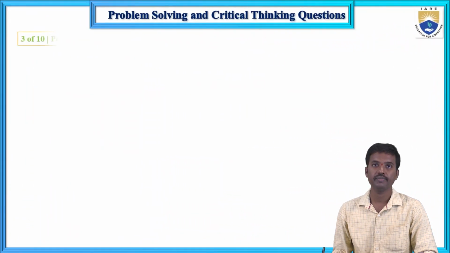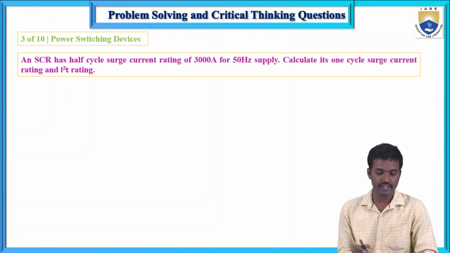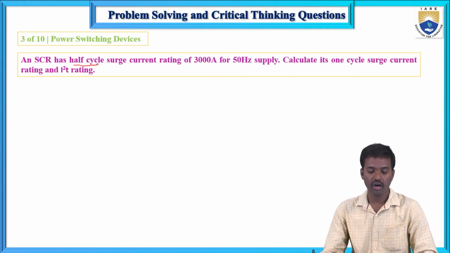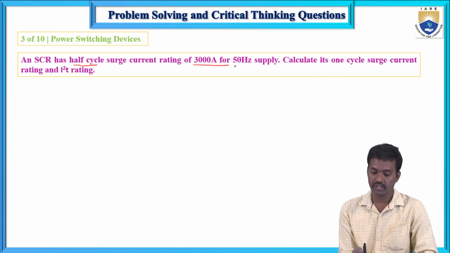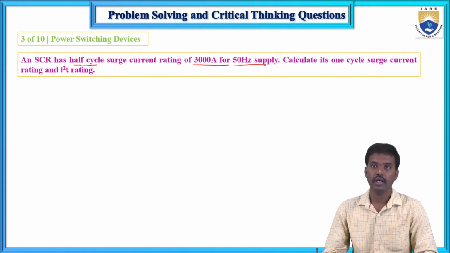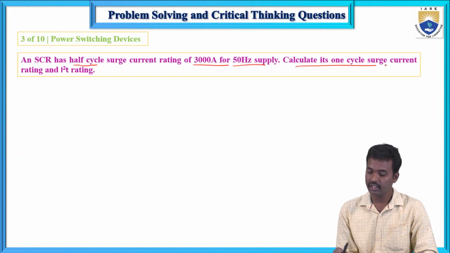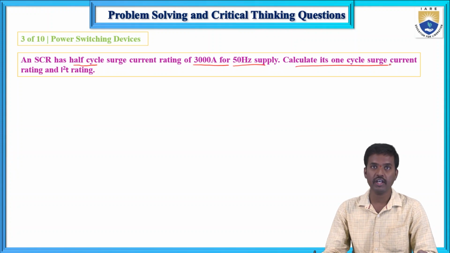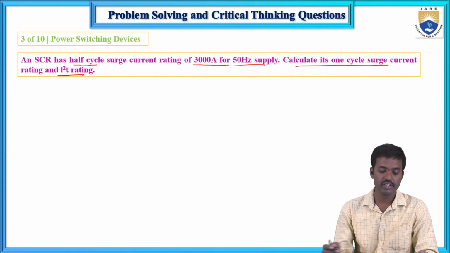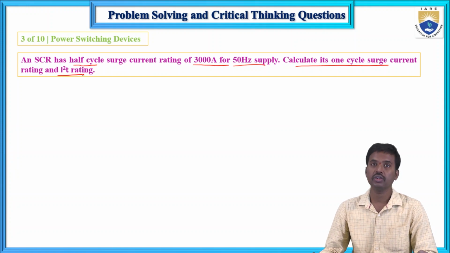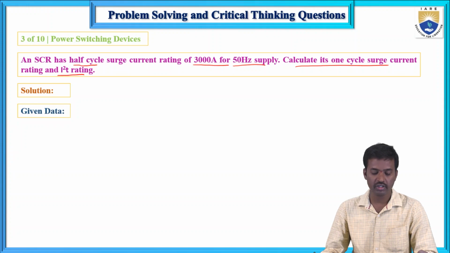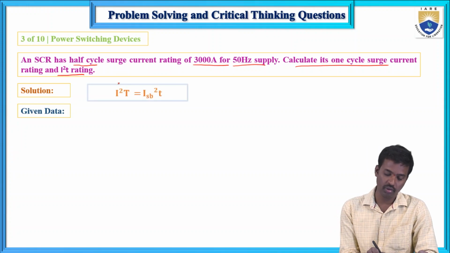Now here the third question: an SCR has a half surge rating of 30 amperes for a 50 Hz supply. Calculate its 1 cycle surge current rating and I square T rating. Solution: the given data, the half cycle surge current rating is 3000 amperes and frequency is 50 Hz.